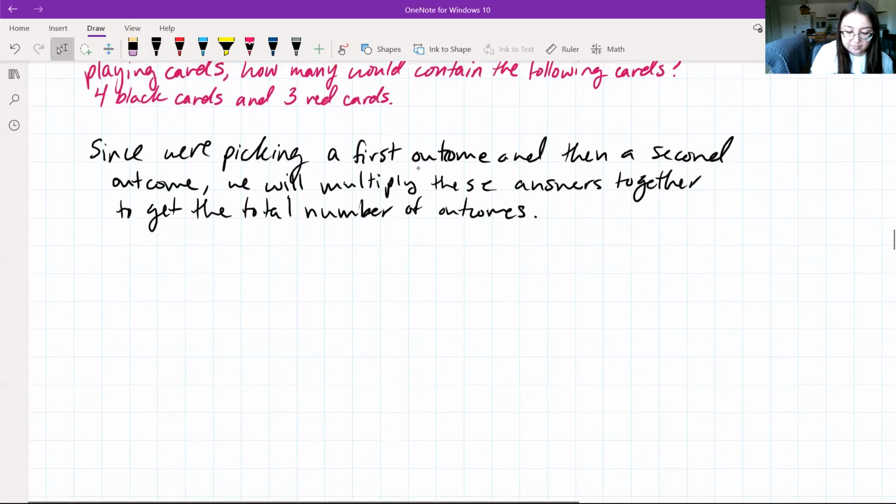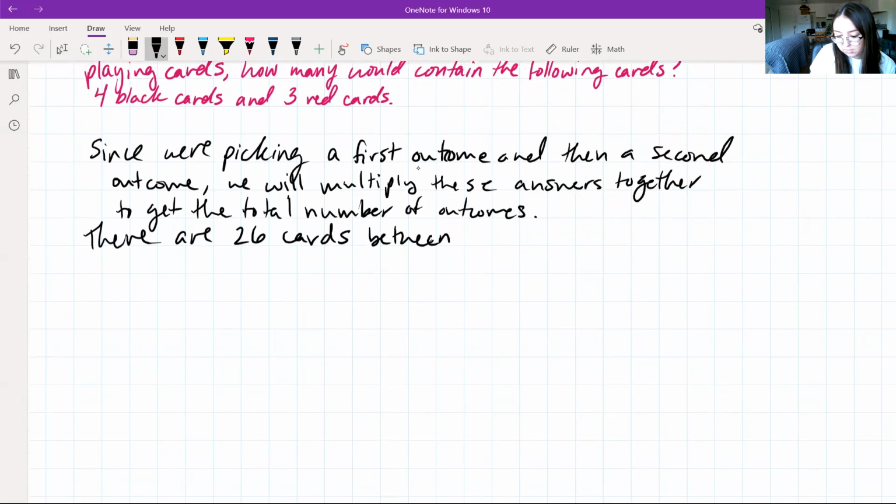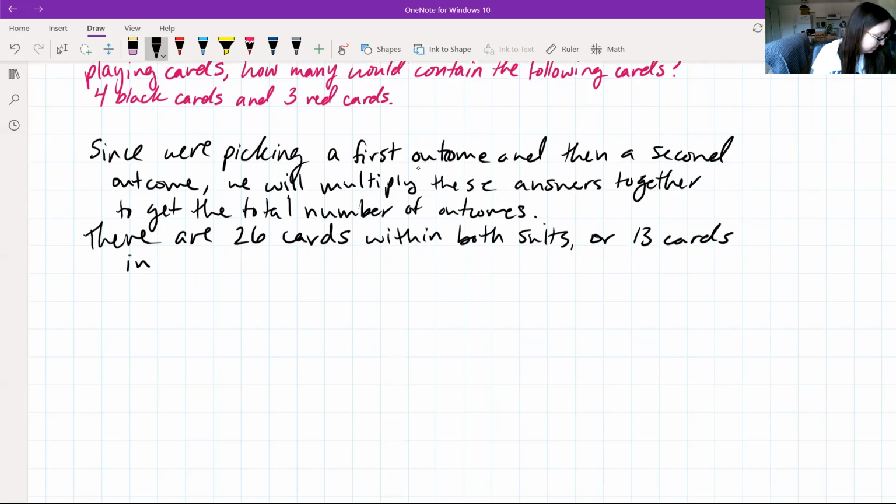So there are 26 cards within both suits, or 13 cards in each suit.